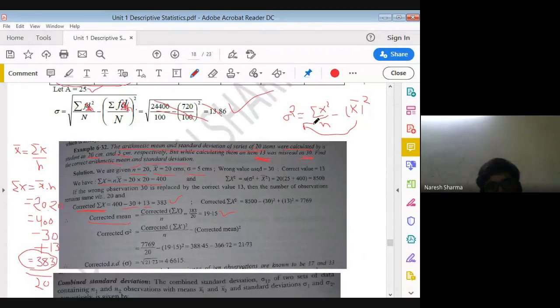So that gives us sigma square plus mean square.